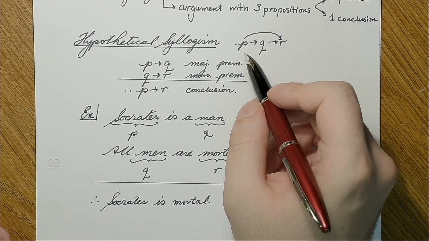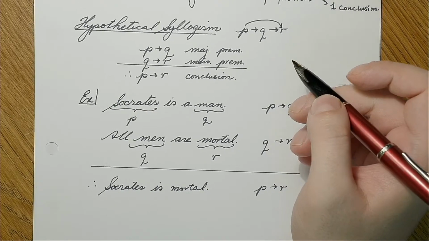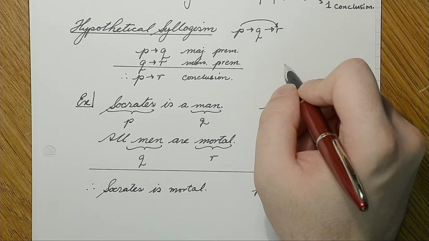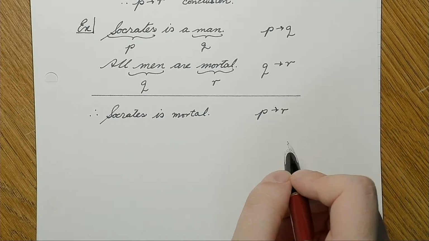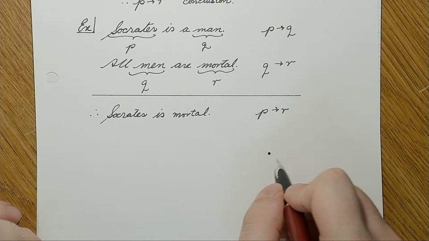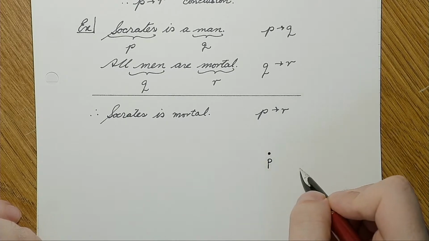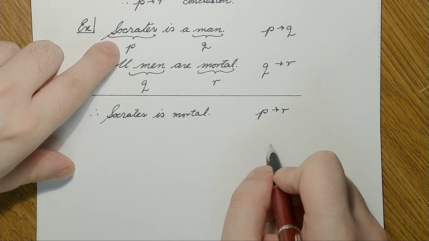Again, you can think of it as a link. You can also come up maybe with a sort of a picture. So kind of an idea would be using some circles. So we could say that here, this is Socrates. Socrates is a man.